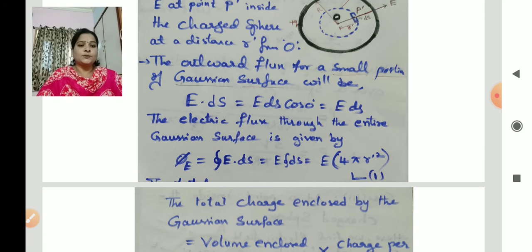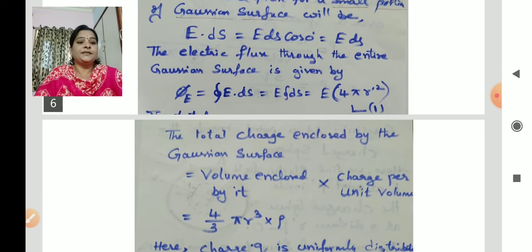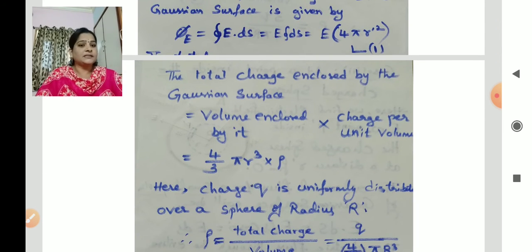That is equal to E into 4 pi radius square, but here the radius is r prime, since inside the charged sphere we are assuming r prime. Let it be equation number 1. So the flux when the point is inside the charged sphere is E into 4 pi r prime square.